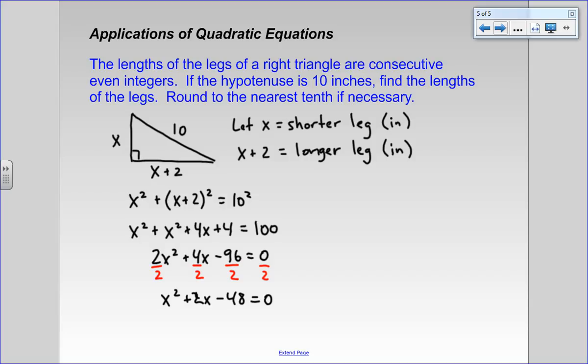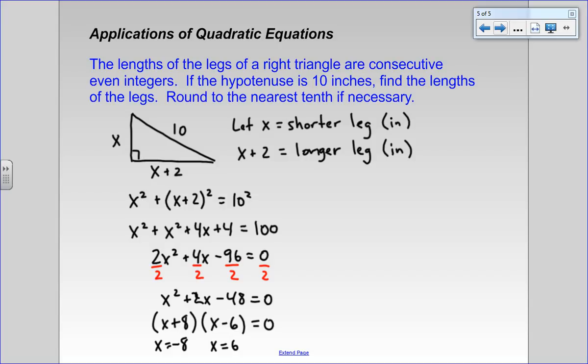That trinomial can be factored as the product of 2 binomials, x plus 8 and x minus 6. So we find two solutions to this quadratic equation. Either x equals -8 or x equals 6. -8 is obviously an unreasonable solution for the length of a triangle. So we'll keep the solution x equals 6.